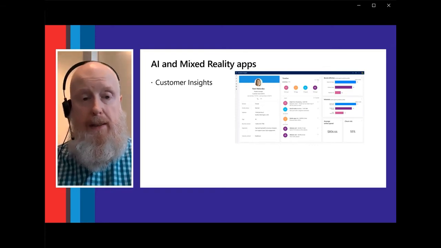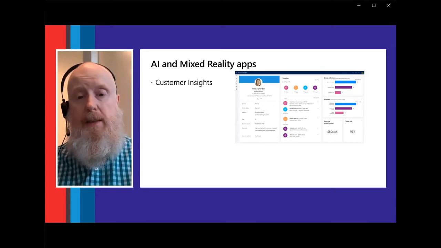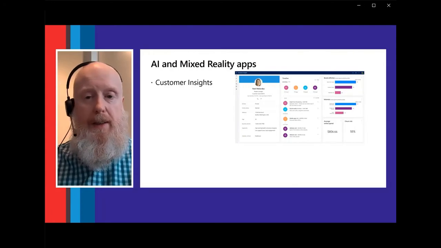I, for instance, can build a targeted customer segment in Customer Insights from all my web interactions and my sales interactions and my finance interactions, and then target customers through marketing in a lot of very specific or very interesting ways that I couldn't do before just on my Dynamics data. So it's a really, really interesting bit of functionality.